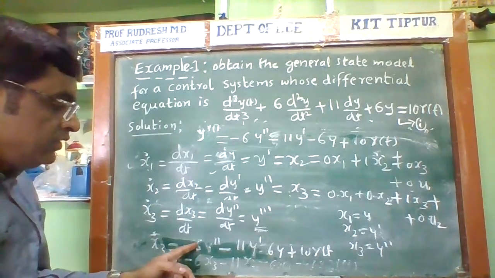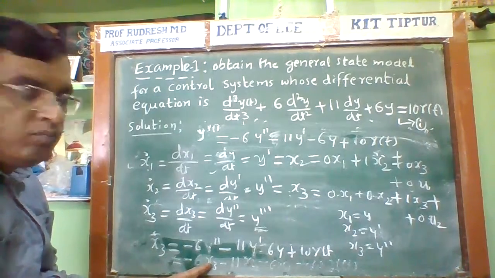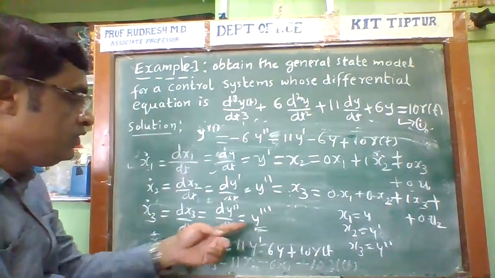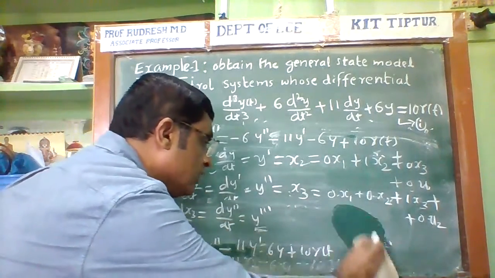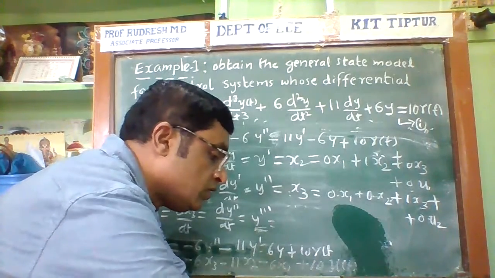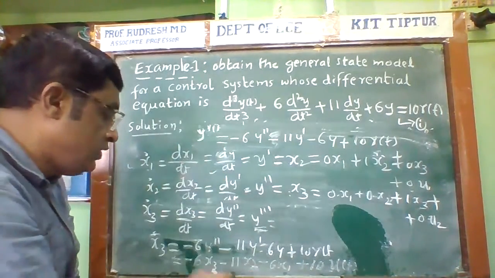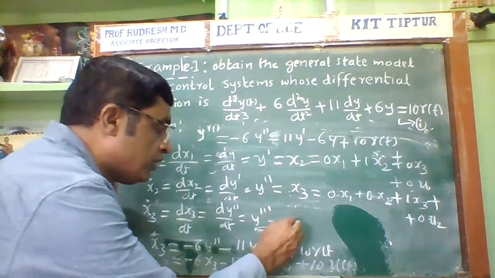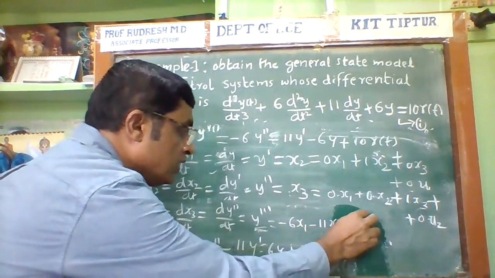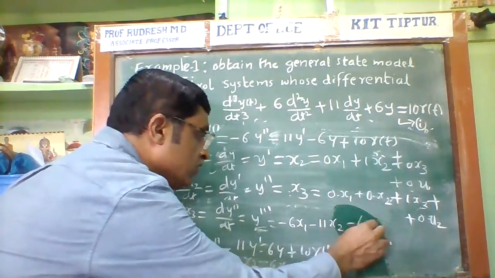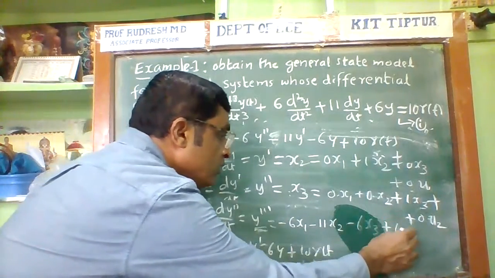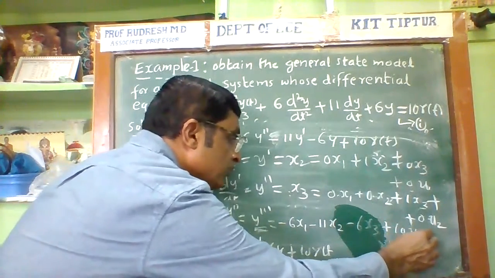So y triple dash is equal to minus 6 into x1, minus 11 into x2, minus 6 into x3. All the state variables are present in this, plus 10 into u of t or u3.